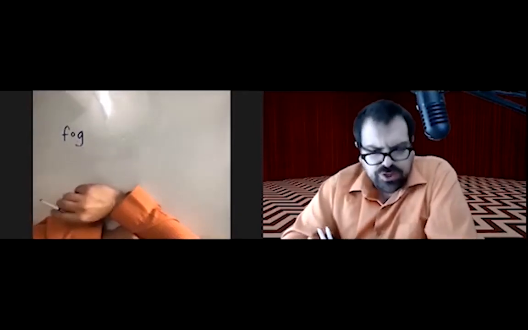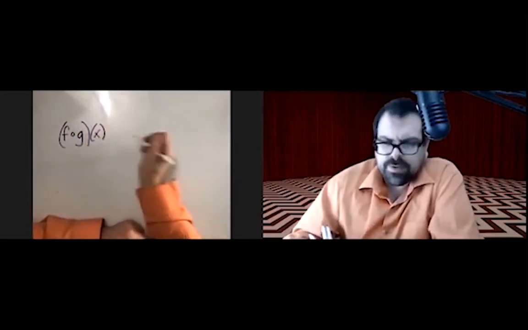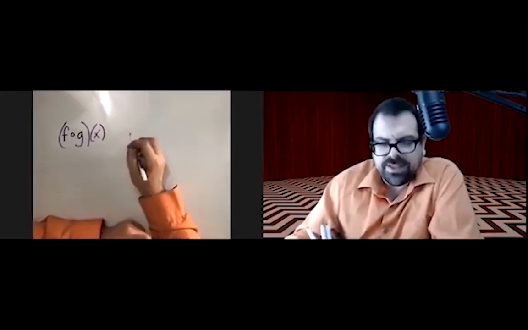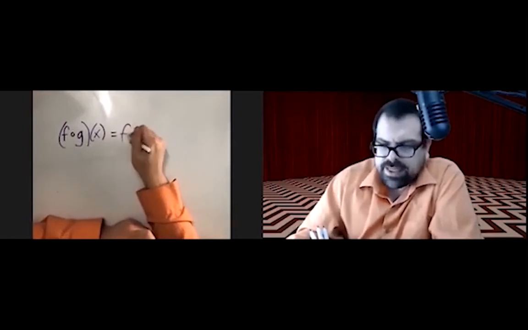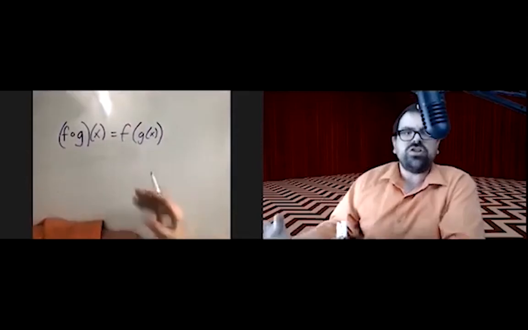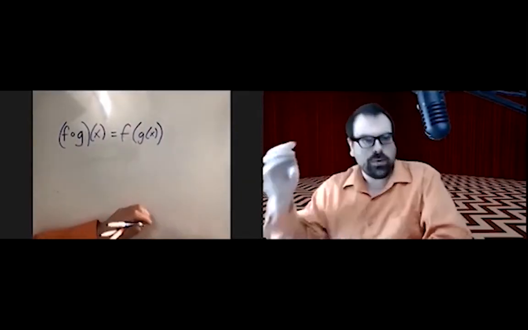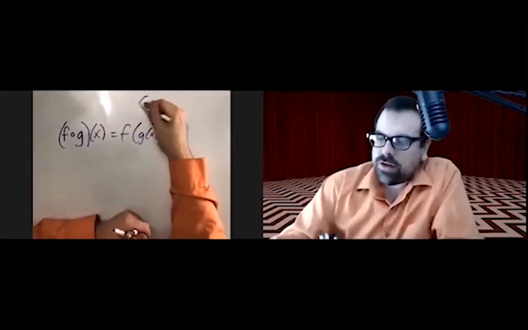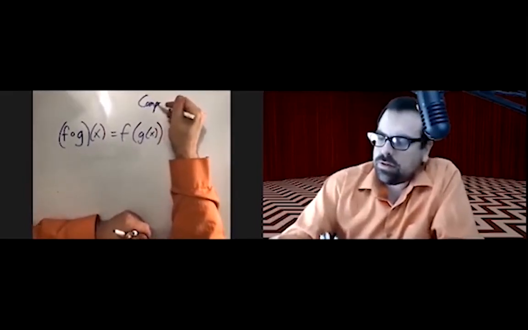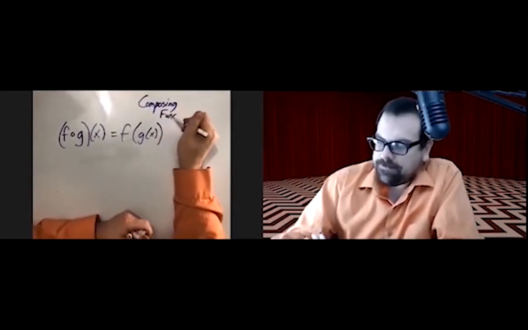F circle G of X, keep the letters in the same order, means F of G of X. We're taking one function and we are plugging that function into the other one. This is called composing functions.